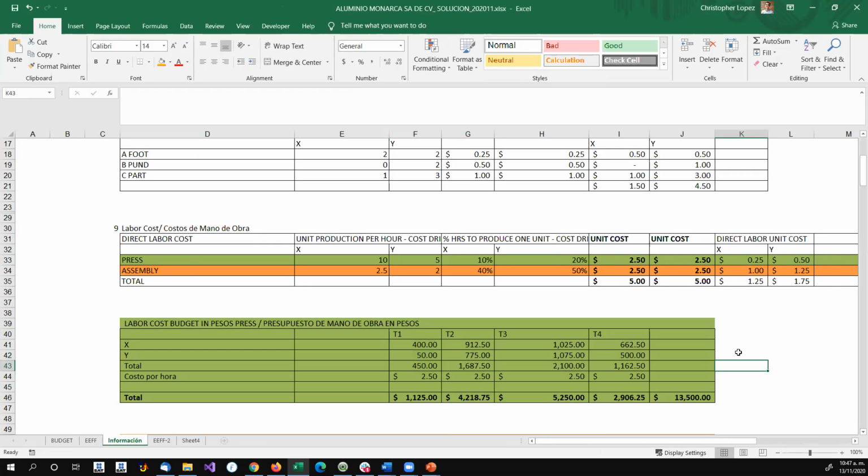So if my production director asks me, Christopher, what is going to be my press labor budget for quarter number 1, I can tell him 1,125. That is the budgeted money I have to pay for these activities.